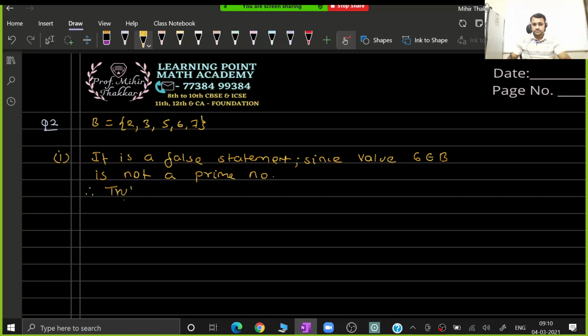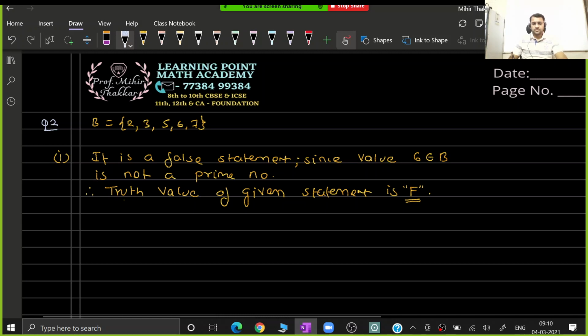Therefore, truth value of the given statement is F.